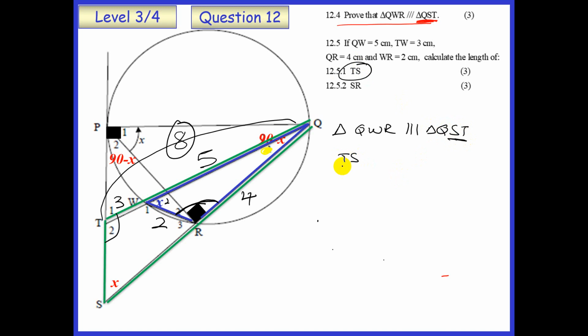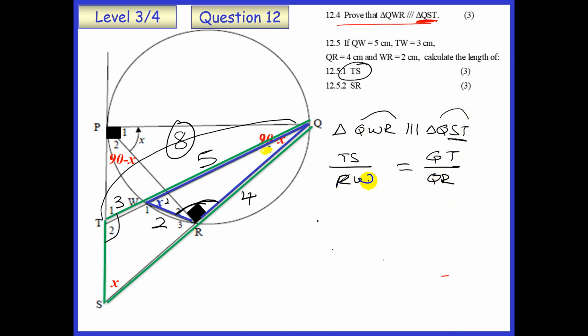So we could say TS, so I'm taking the last two, and we will have to take it over RW. Now let's look at our diagram. We know RW is 2, which will be equal to, and I'm going to use QT. If I use QT, I'll have to use QR. So we would take it QT, that's the last two, over QR.